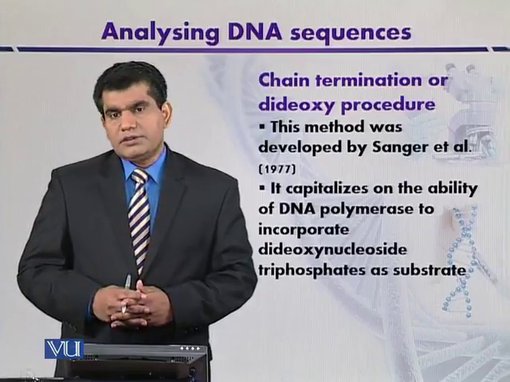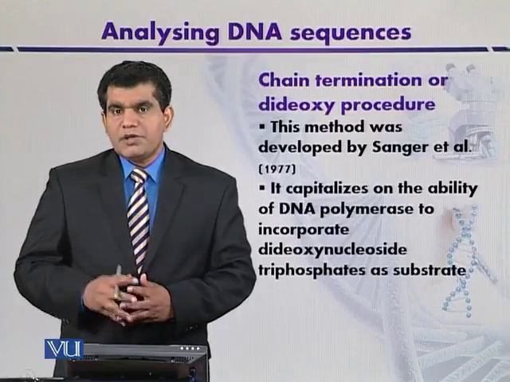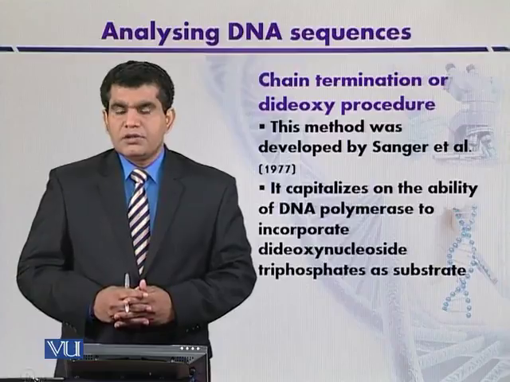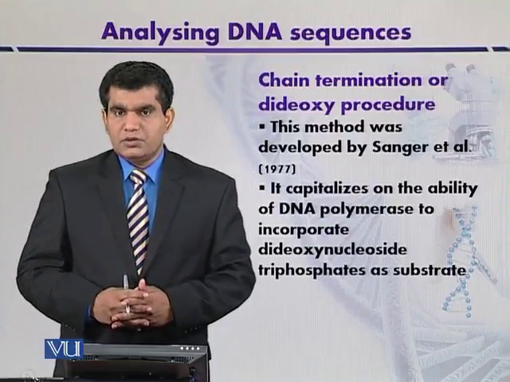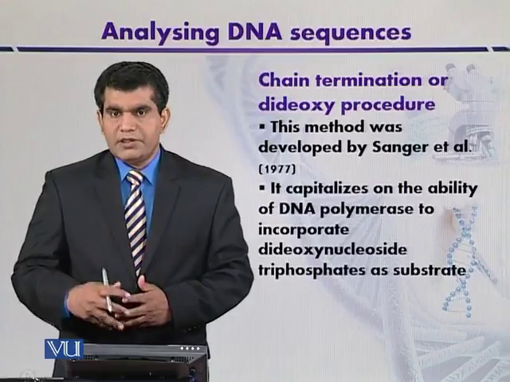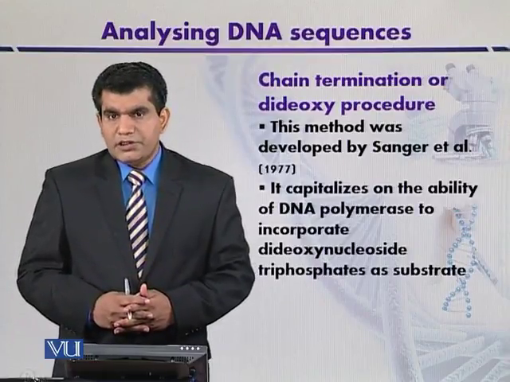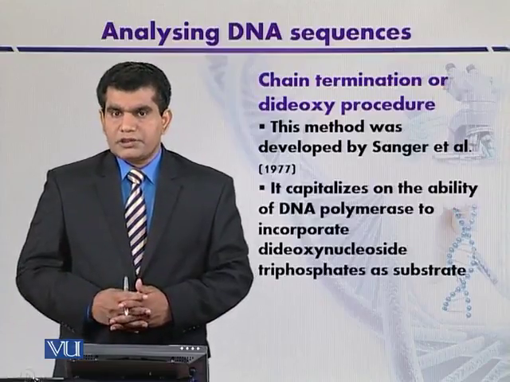The second ability is that, in addition to the normal base, it can also introduce dideoxynucleoside triphosphate. So this modified base can be used as a substrate and inserted during the elongation process.